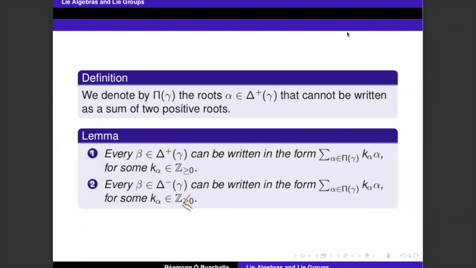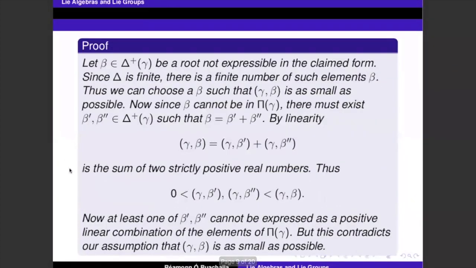Okay, so let's see if we can do that. Let beta be a positive root which is not expressible in the claimed form. So there's no linear combination of the elements of pi of gamma that's equal to beta.